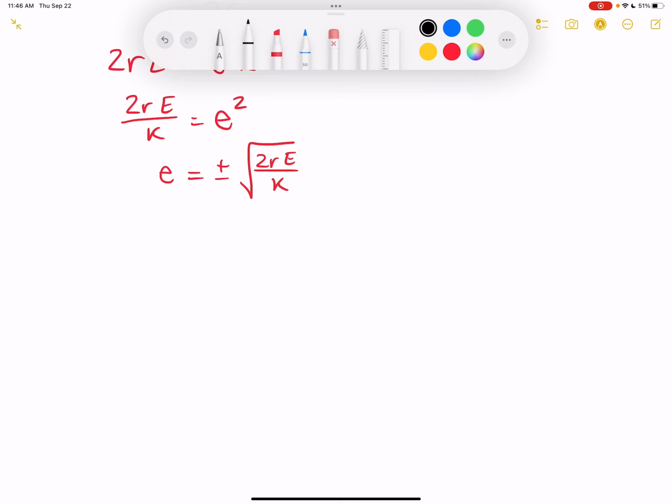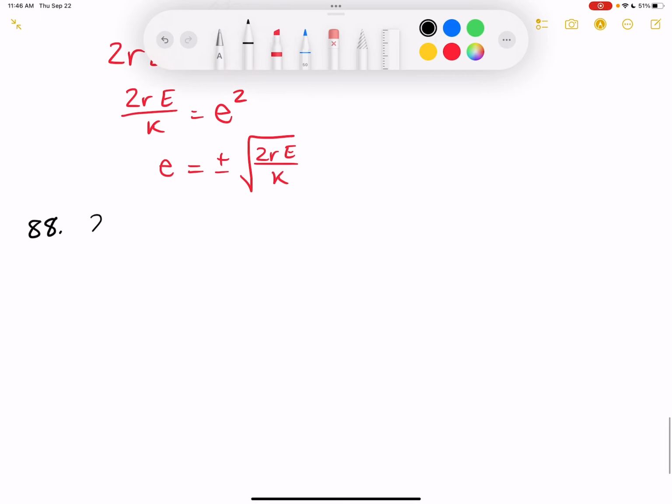So number 88, 2x squared plus 4x plus 1 equals 0. We're doing the inside of the quadratic formula, which is b squared minus 4ac.